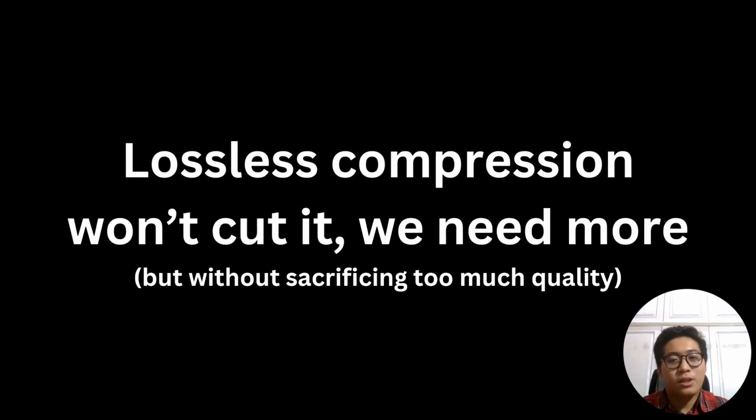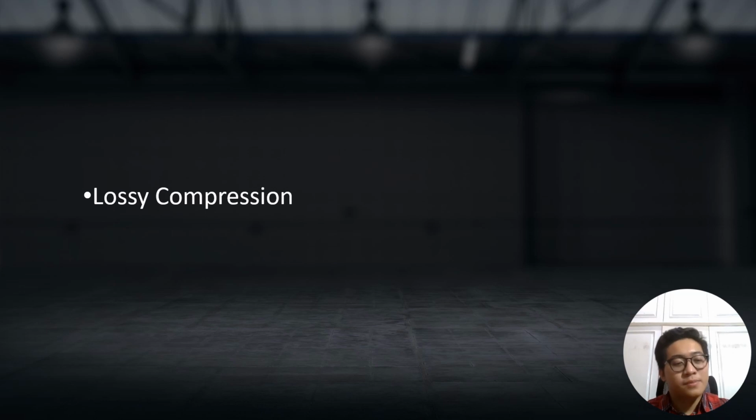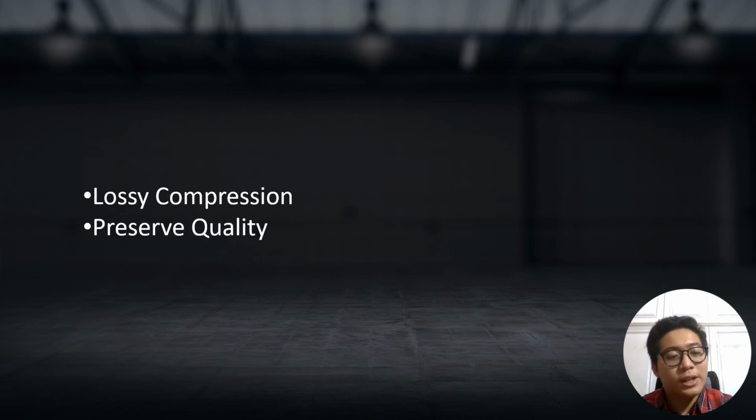So lossless compression just won't cut it. We need more compression but without sacrificing too much quality. Based on that parameter, we already have several guidelines for our compression method, which are lossy but still preserve quality and can run at a high bit rate to compensate the loss of quality from our compression.